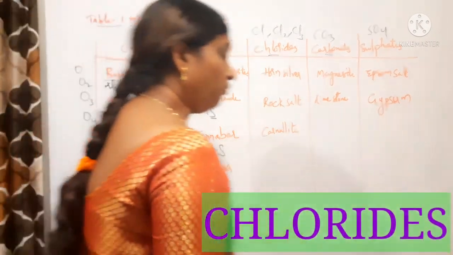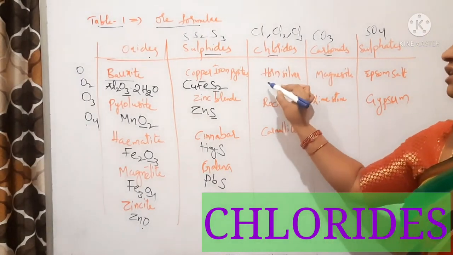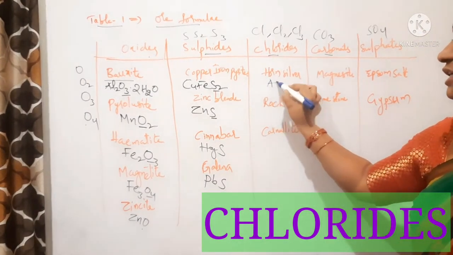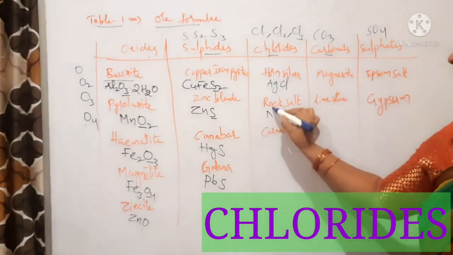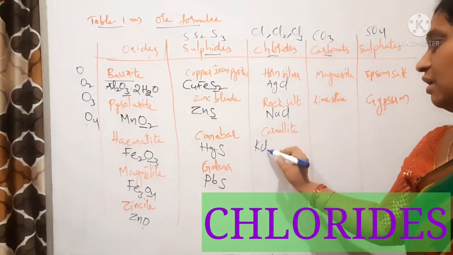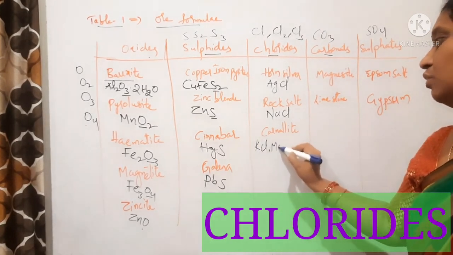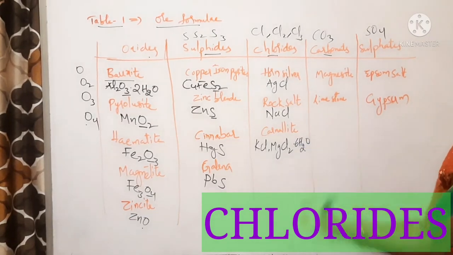And if you go for chlorides, you see here horn silver is present in table 1, AgCl. So this is a chloride. And rock salt, NaCl, this is also a chloride. And carnallite, KCl.MgCl2.6H2O. This is also a chloride.